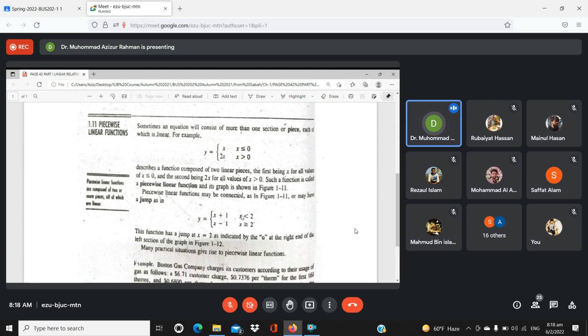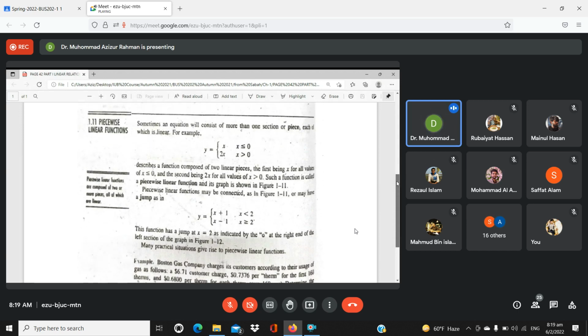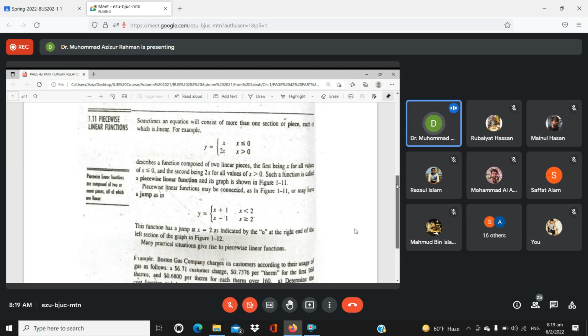So these two conditions, two functions, we can combine in one equation. So this is called piecewise functions, and we have sometimes different kinds of problems, different kinds of conditions for this. We will see some problems for this.